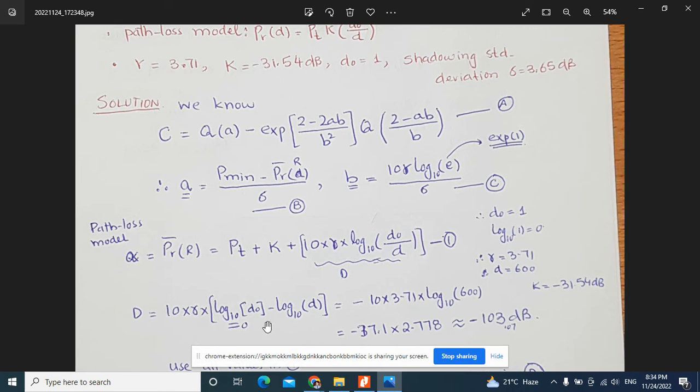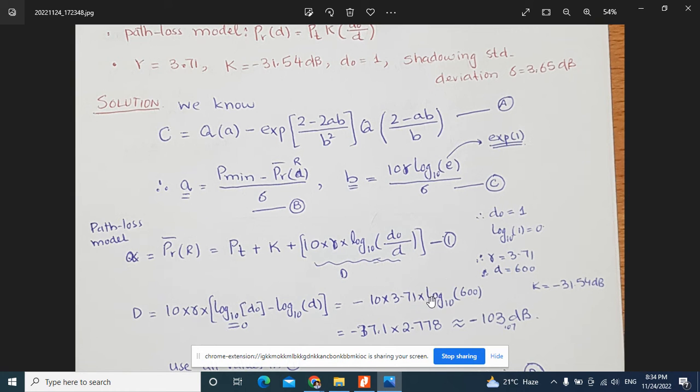So as I wrote in this format, you can write log 10 d naught minus log 10 d. You take this portion as d, and you can open it like this: 10 multiplied by the exponent multiplied by log 10 d naught minus log 10 d. This d naught term is 0, and the negative sign multiplies with the inside. So gamma is 3.71, and d is 600.